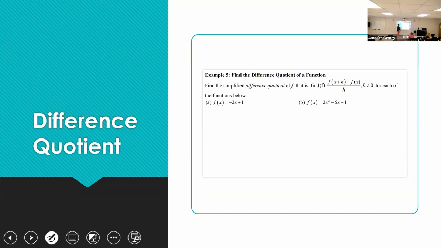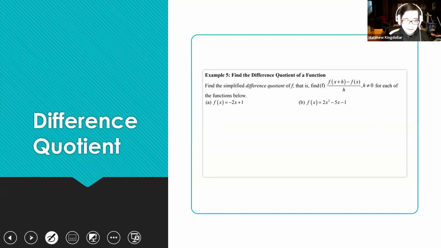Okay. f of x plus h minus f of x divided by h. If my f of x is minus 2x plus 1, we're on the one on the left-hand side here. What do I do first? f of x plus h. What do I do with x plus h? Plug in x plus h where x is. Exactly.